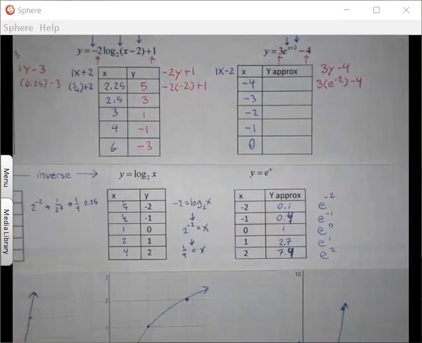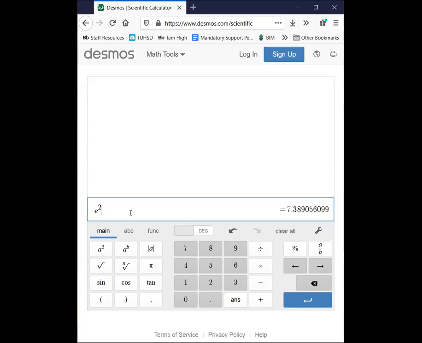So let me show you in Desmos. This is 3 times e to the minus 2 minus 4.